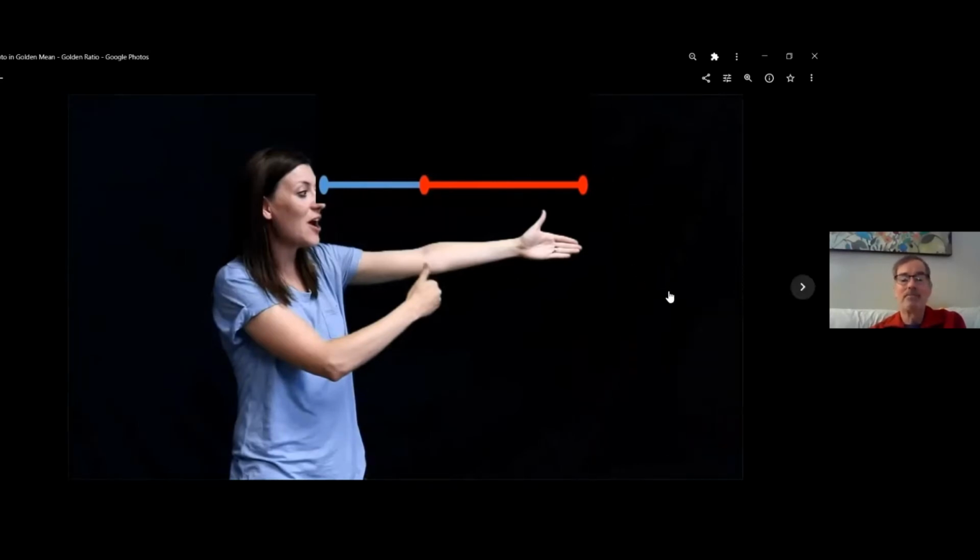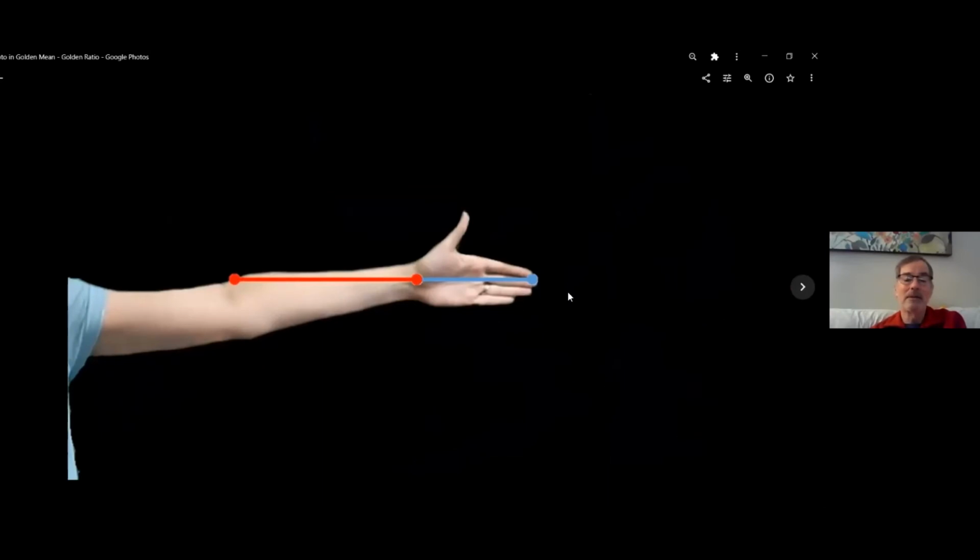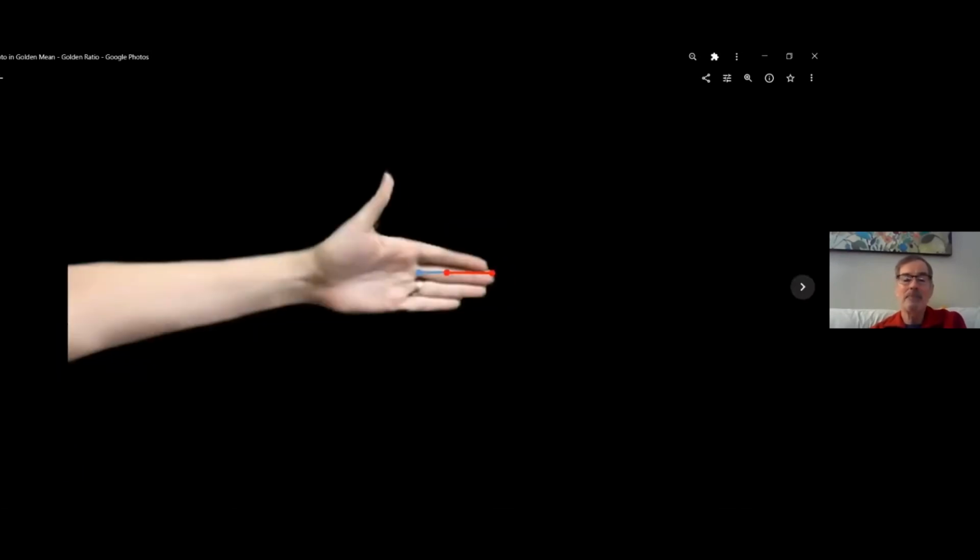Same thing here. Short, and the Greeks would say short blue to the red as the red is to the whole. Golden mean. You do that when you don't have a ruler or a calculator. Same thing on the hand. Same thing on the phalanxes of the fingers.